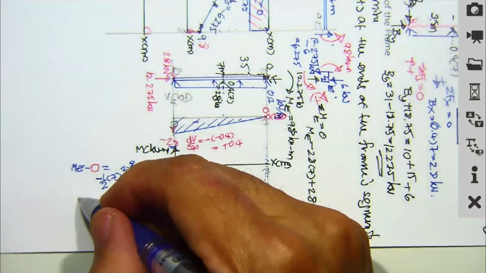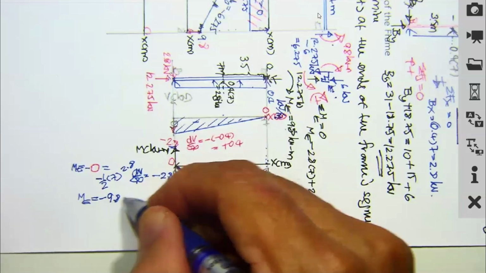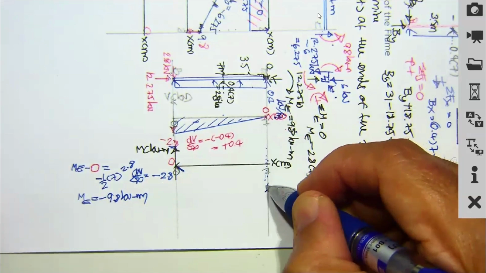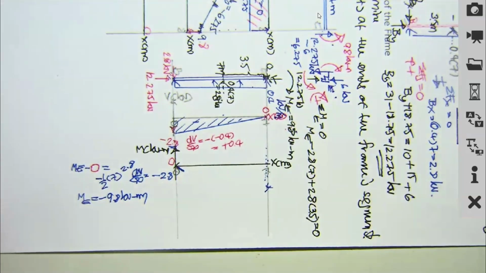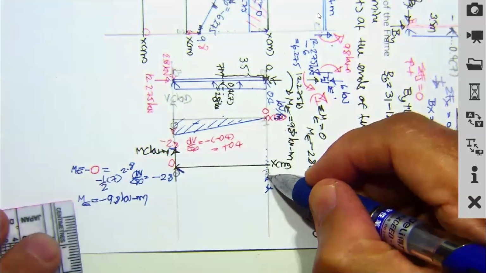Okay, you will have M sub E equal to minus 9.8 kilonewton meters, as expected. Okay, this is going to be minus 9.8.